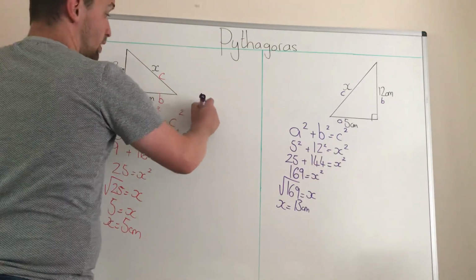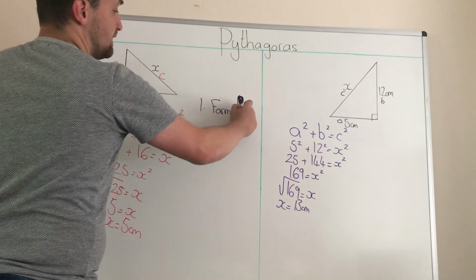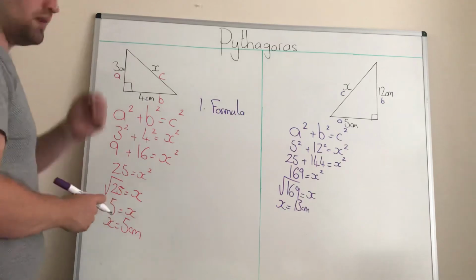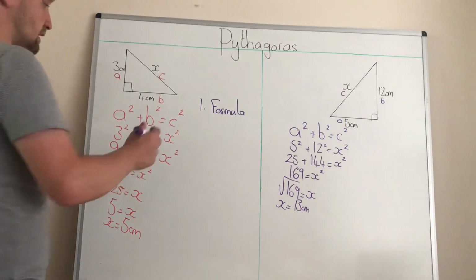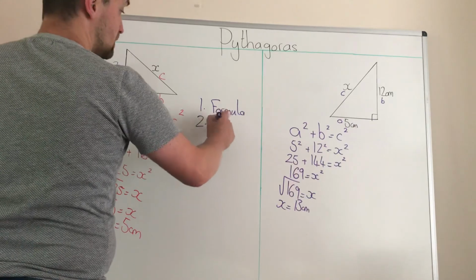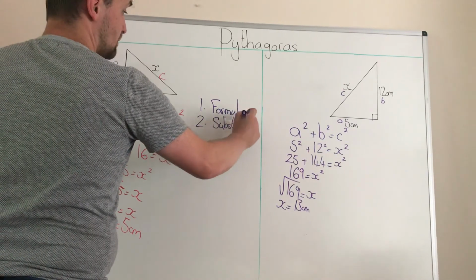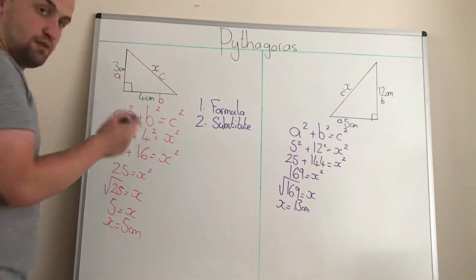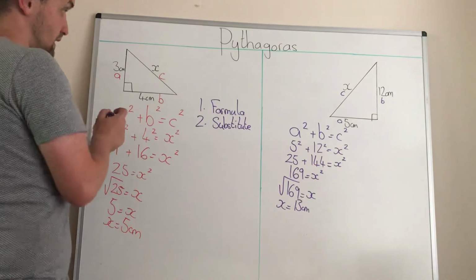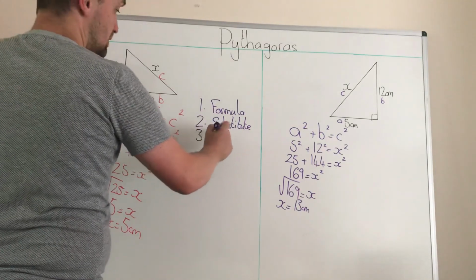Okay, 1, write the formula. Right, it takes 10 seconds to write that formula. Okay, but it's a good starting place. Okay, 2, substitute. Okay, whatever your A and B values are, whichever way round you decide, okay, make sure you substitute them in correctly. 3, simplify.